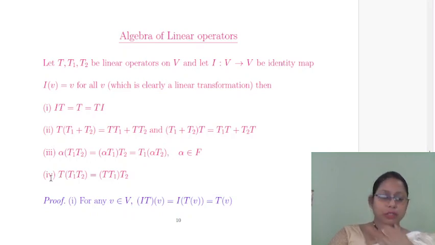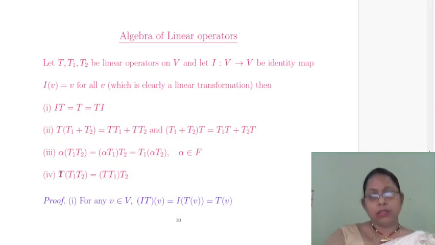Fourth property, T into T1 T2 is equal to T T1 into T2. This property is known as associative. This is the distributive property, left and right distributive.